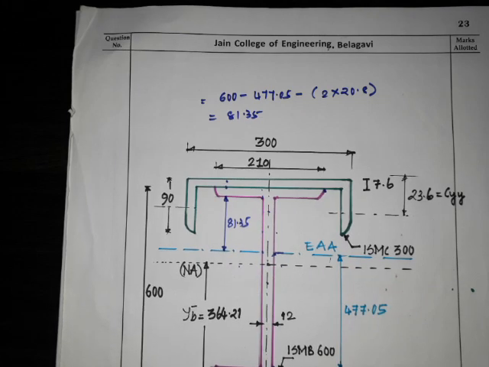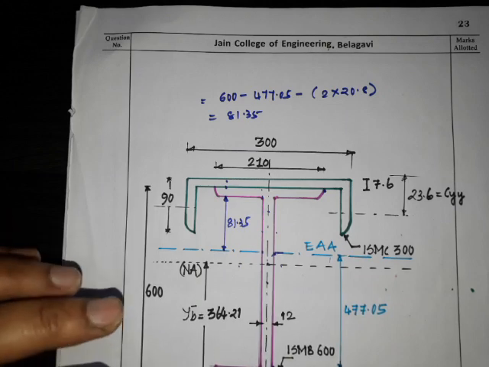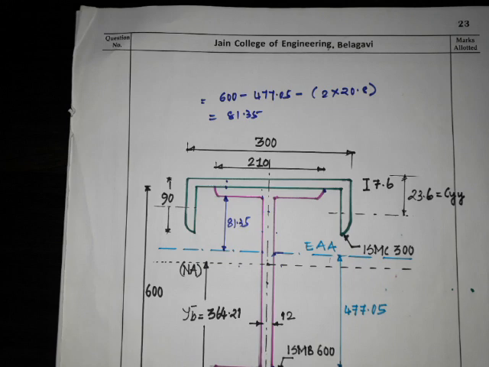Now we have to find out whether our selected section, or our built-up section, is classified as plastic, compact, semi-compact, or slender. Which of the 4 sections will it fit into according to IS 800-2007? That again we have to calculate according to the criteria of IS 800.